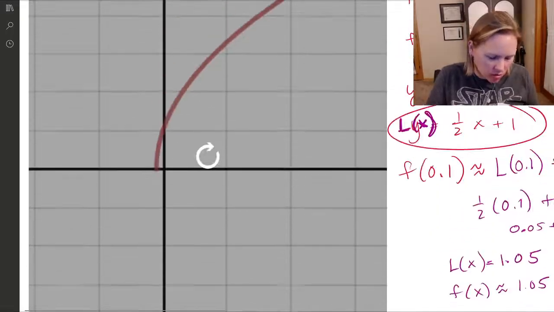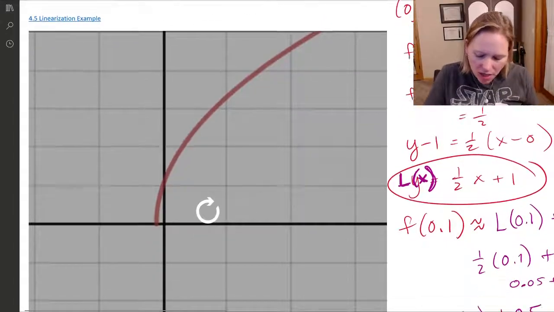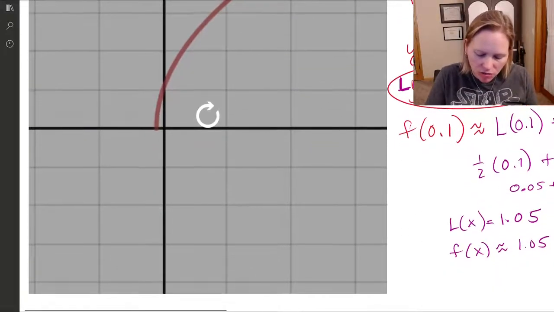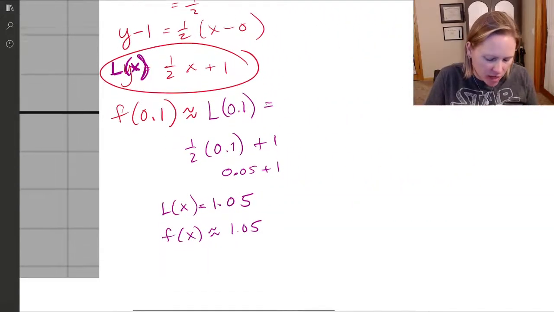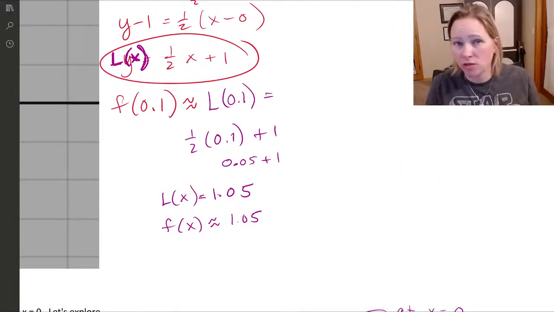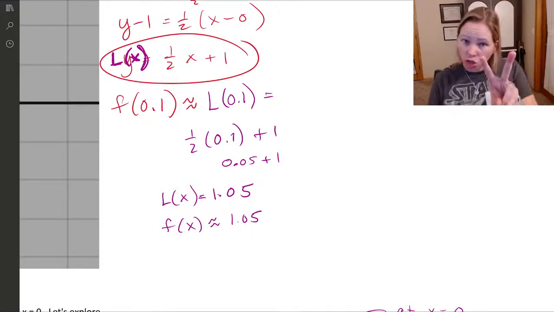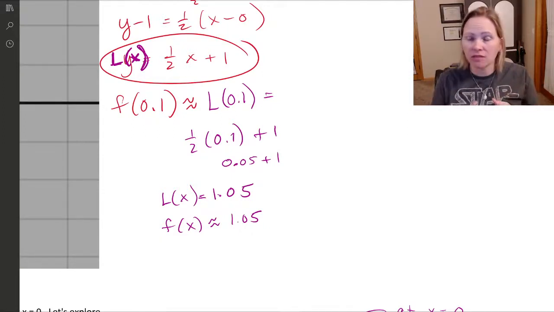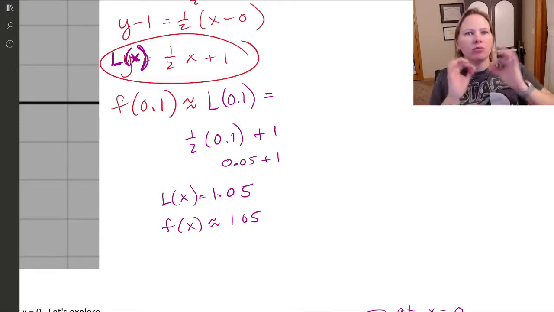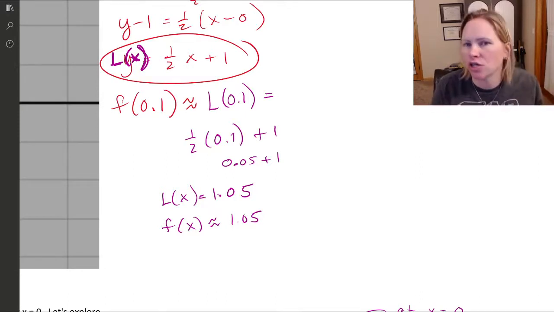So if up here we were estimating at 1.05, let's say I wanted to find L of 0.2, and I change my x value by increasing it by 0.1. If I change x by 0.1, how much will y change by?